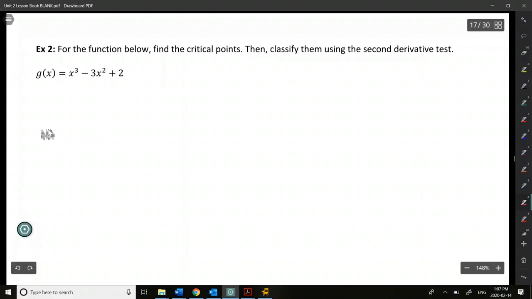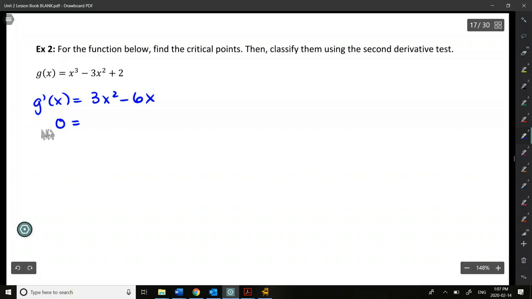So the second part of what we were talking about a couple pages ago is classifying critical points or critical numbers using the second derivative test. So how can I tell if a critical number is in fact a local min, local max, or neither using the second derivative test? The first thing that we need to find are the actual critical numbers and the critical points. So we're going to use the first derivative to find those.